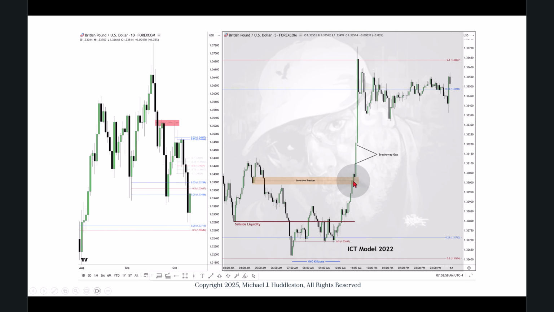So we use the consequent encroachment, or mean threshold rather, of that last down candle, which is the bearish breaker. But now it's going to act as what? A bullish PD array. So you can see the body stopping dead on the midpoint, mean threshold there. And then we had the opening right at that same price and rallies up.